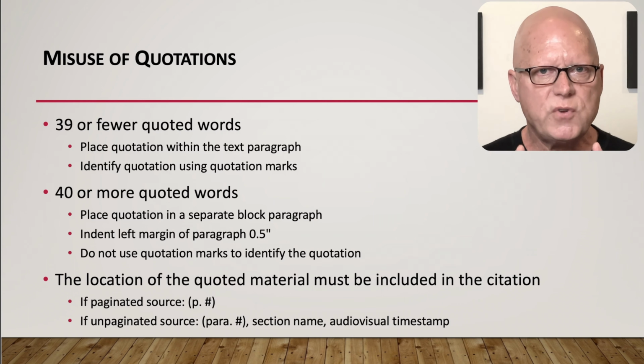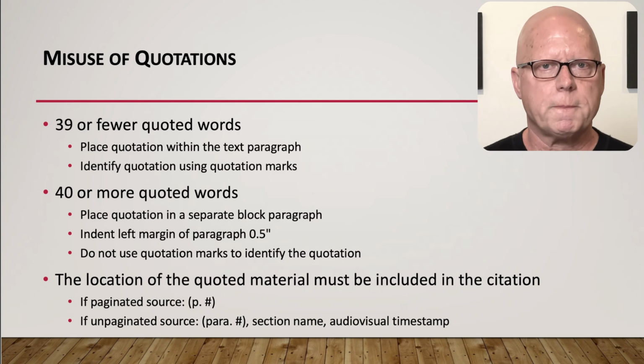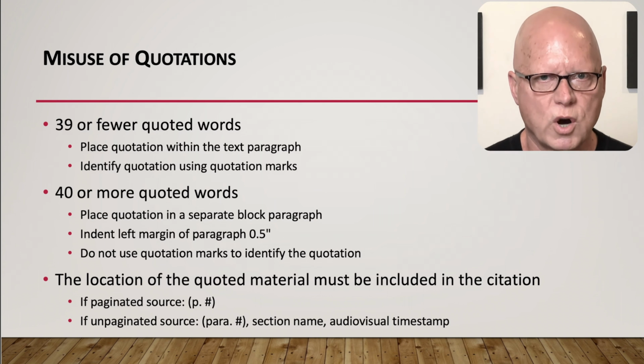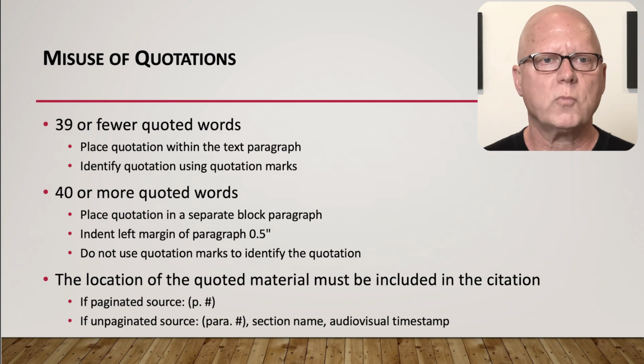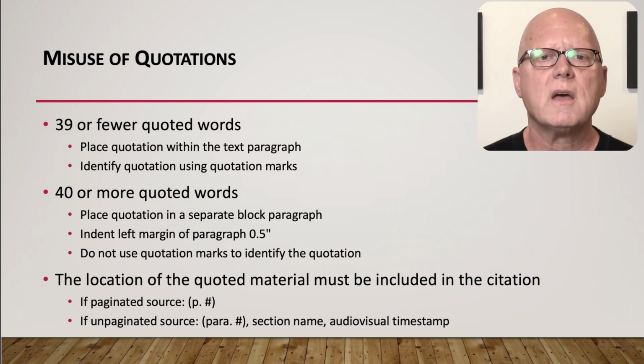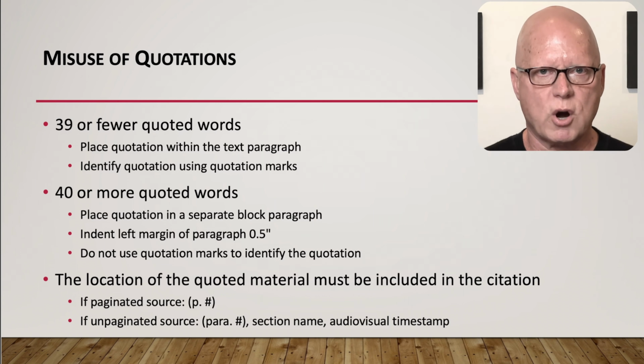So, if you must use a quotation, there's two ways to present the quotation in an APA-style paper. If the quotation is 39 or fewer words, or said another way, if it's less than 40 words, place the quotation within your paragraph of text and identify the quotation using quotation marks.